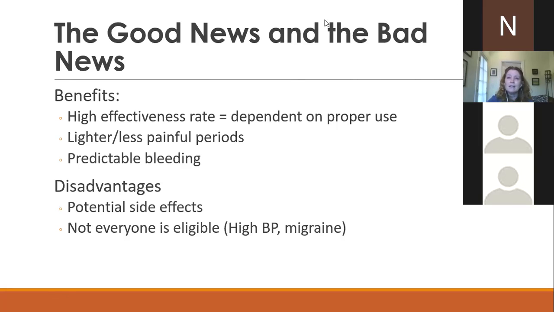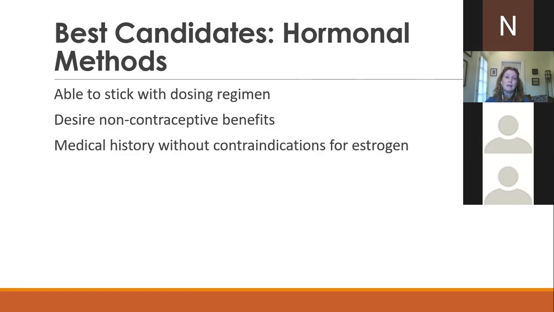So you may have some nausea or bloating, or you may have some mood changes. Most people do just fine, but some people do have bad reactions. And then not everybody is eligible for the pill, patch, or ring. If somebody has a certain type of migraine, called migraine with aura, or high blood pressure, not everybody is safe to take these.